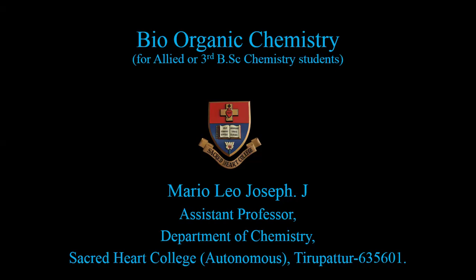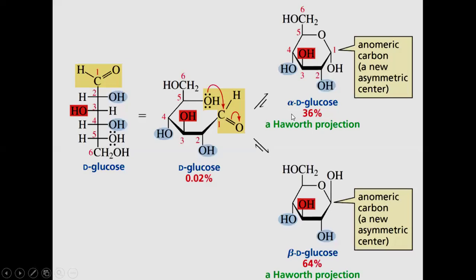So we do know the structure of D-glucose is here. This structure we call the Fischer projection. In the previous videos of mine, I've already expressed how you're supposed to write a Fischer projection and what the horizontal bonds mean and what the vertical bonds mean.